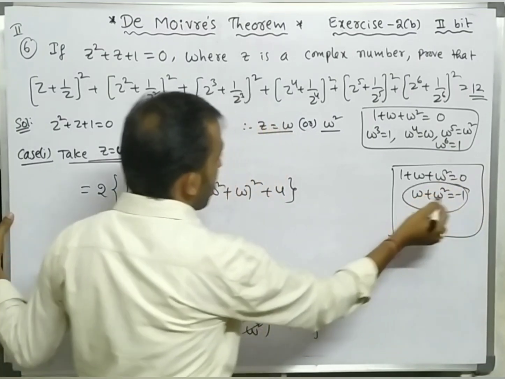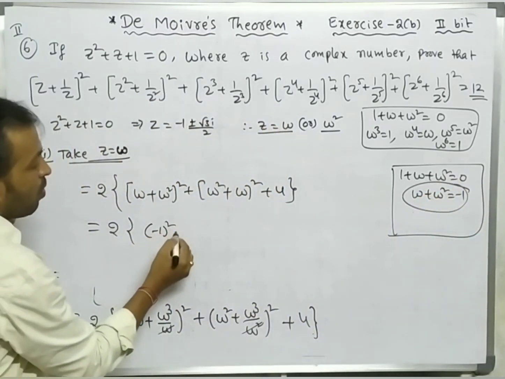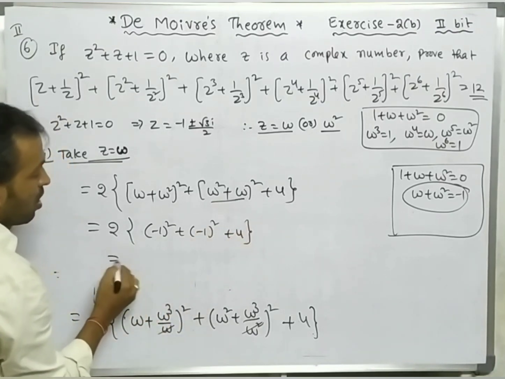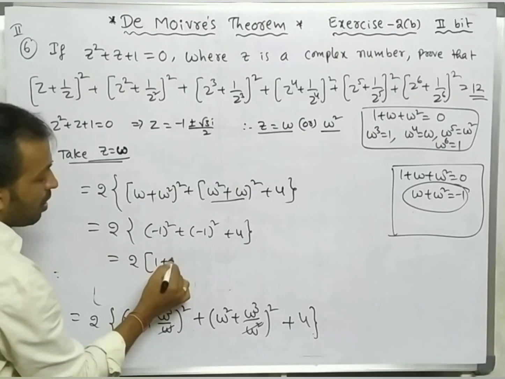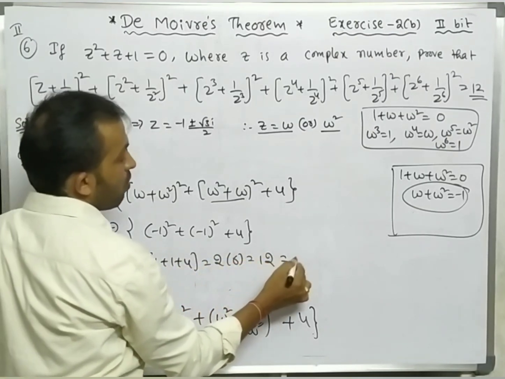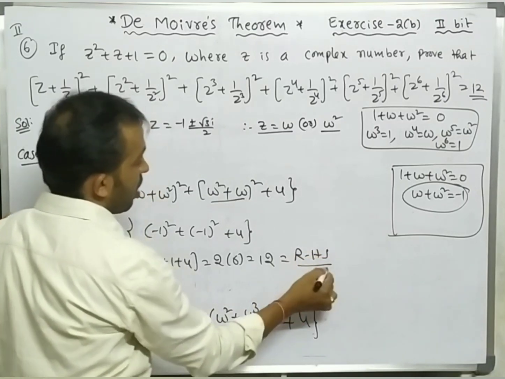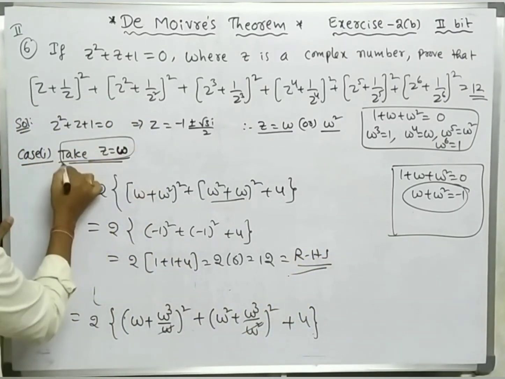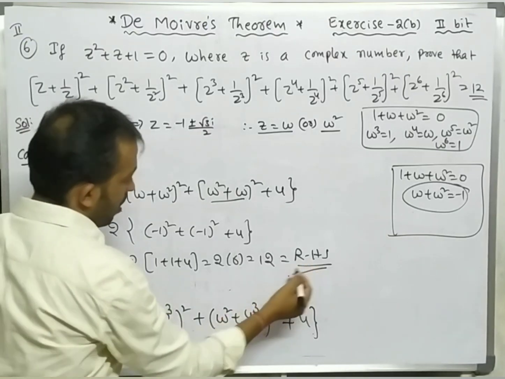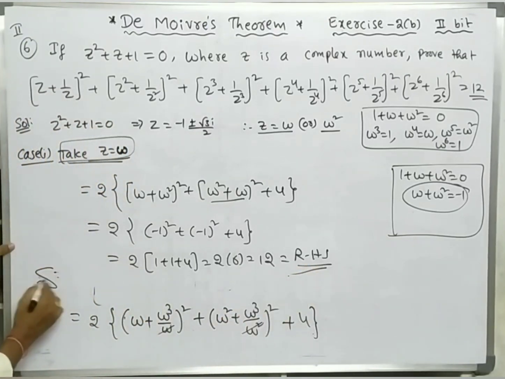From this, omega plus omega square is minus 1, whole square, minus 1, this is also minus 1 whole square, plus 4. So 2 into 1 plus 1 plus 4, this is 2 into 6, which is equal to 12, which is equal to the RHS. So by taking z is equal to omega, we got the right hand side part, that is 12.